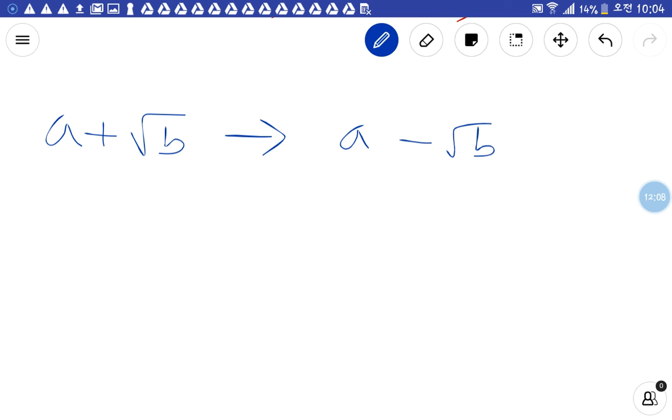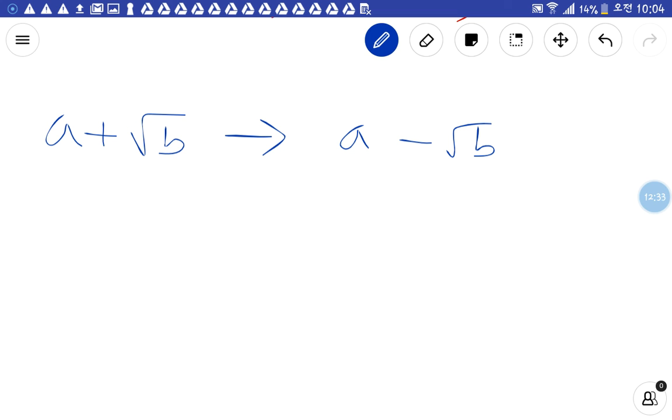So if p of x is a polynomial with real coefficients, then you are going to have complex roots, a plus bi and a minus bi. If p of x is a polynomial with rational coefficients, then you can expect to have a plus radical b and a minus radical b.